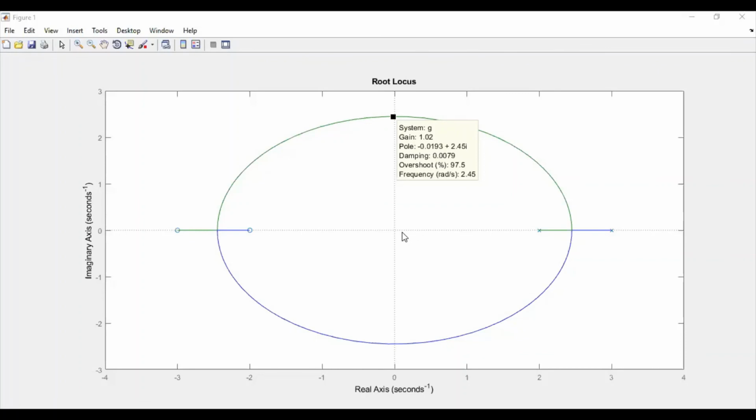We only need the shape and the approximate values of parameters. So let it end at any zero. Let it start from any pole. That doesn't matter. You will get full marks for that. Because it is very difficult, only with the knowledge of these things, we cannot make out where exactly it ends. Fine. So is it clear?